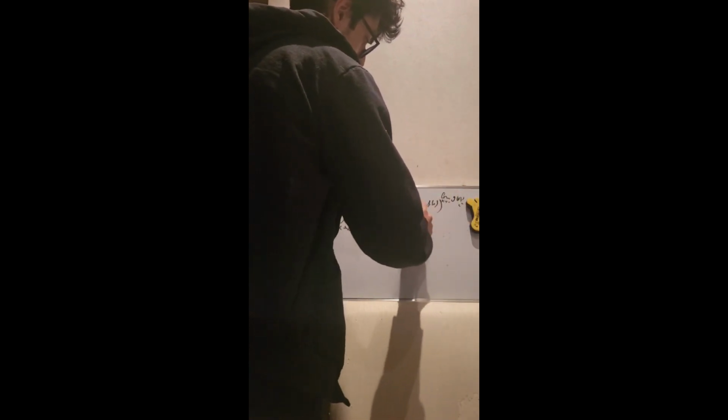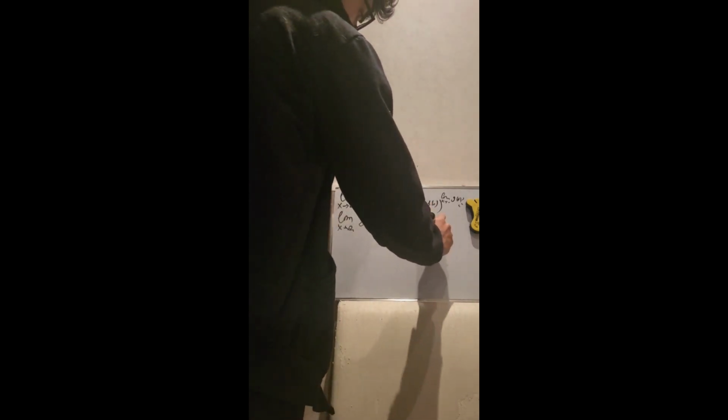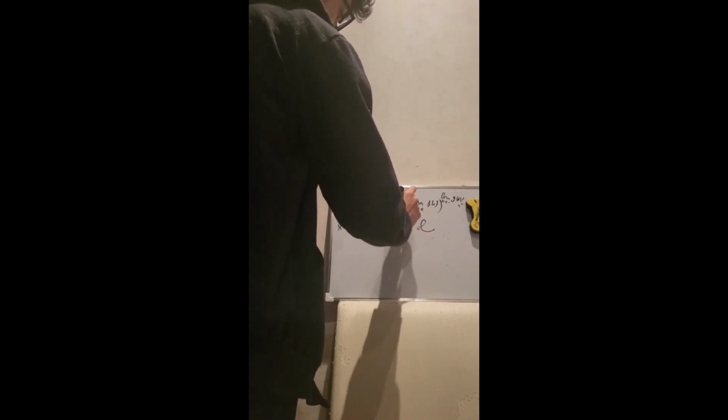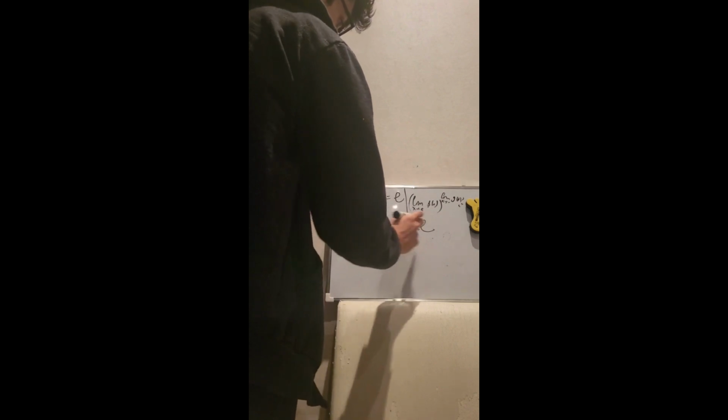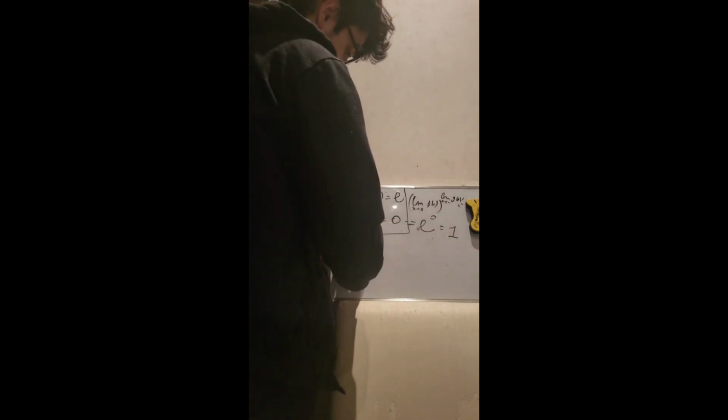So our limit of f(x) is going to be e, and our limit of g(x) is going to be 0. So it is 1. So we prove that the limit x approaching 0 of cotangent x to the power of sine x is going to be 1.